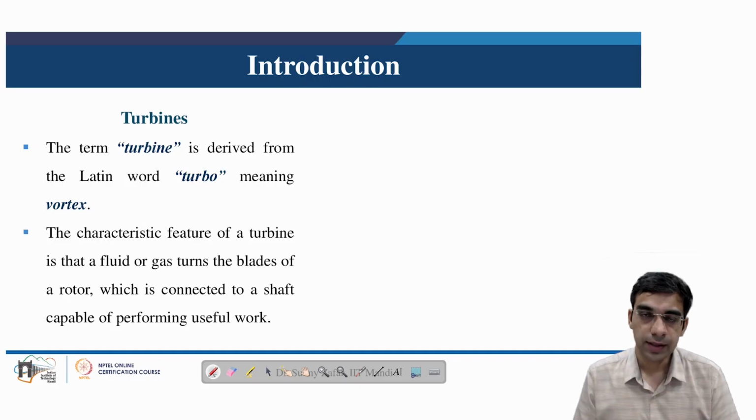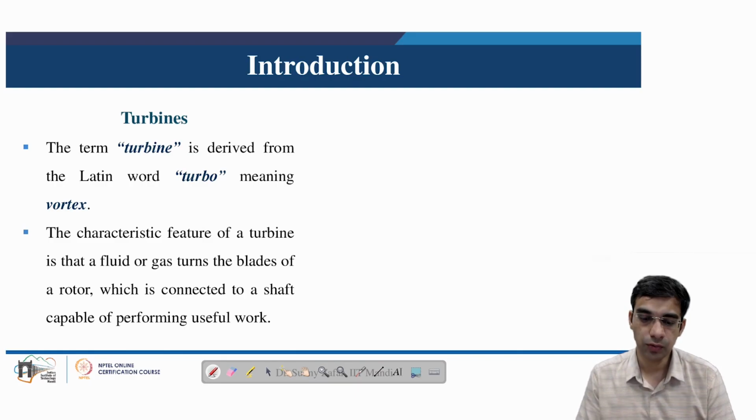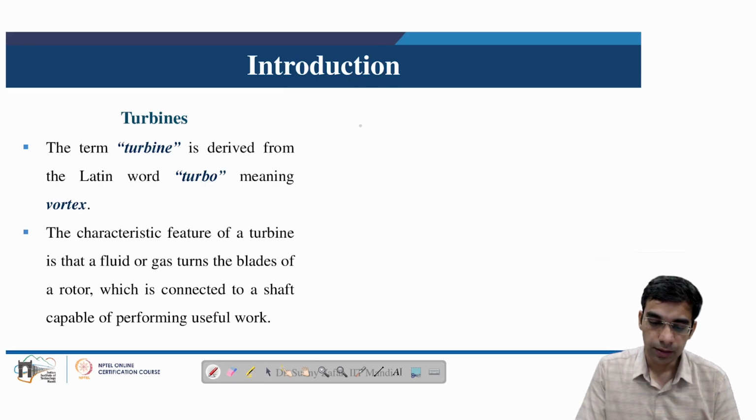Turbines are a very versatile piece of equipment in the energy generation sector, which utilize the flow of a working fluid to extract energy from the working fluid and convert it into useful work. So in any turbine, what is there?